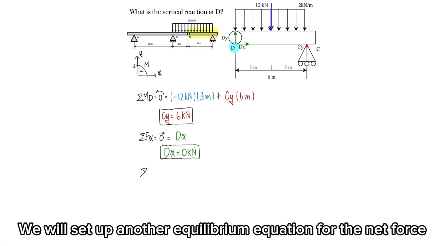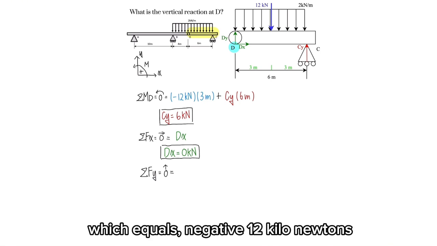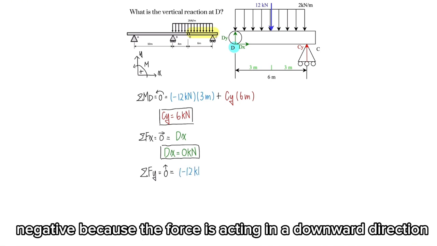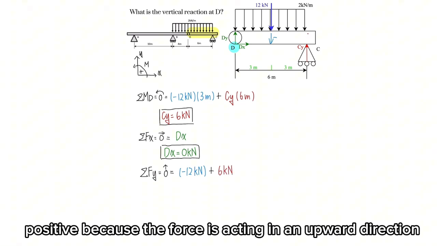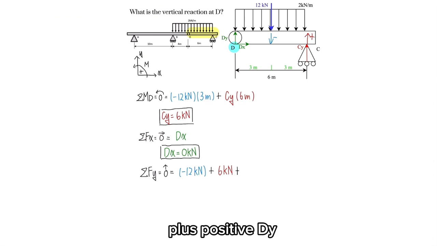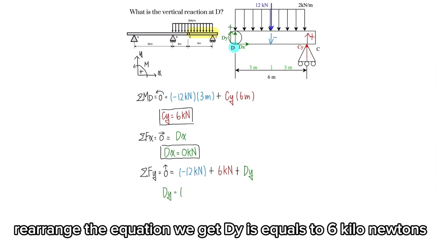We will set up another equilibrium equation for the net force in the Y direction, which must equal 0, which equals -12 kilonewtons, negative because the force is acting in the downward direction, plus positive Cy, which is 6 kilonewtons, positive because the force is acting upward, plus positive Dy, positive because we assume it is acting in the upward direction. Rearranging the equation, we get Dy equals 6 kilonewtons.